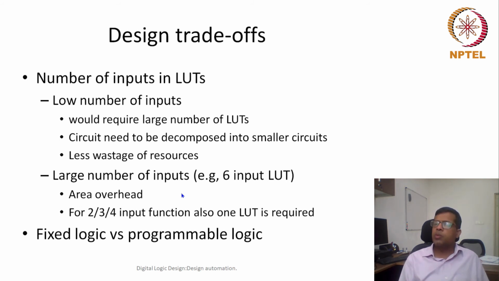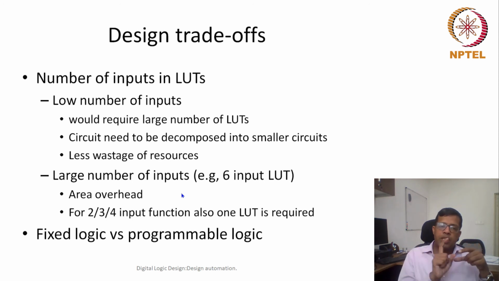For example, should it be a 3 input LUT? 3 input LUT means that inside there would be 8 memory cells, or it should be a 4 input LUT or 5 input LUT. So you see, if the number of inputs in each LUT is less, let's say 3 or 4, then we would require a large number of these LUTs.